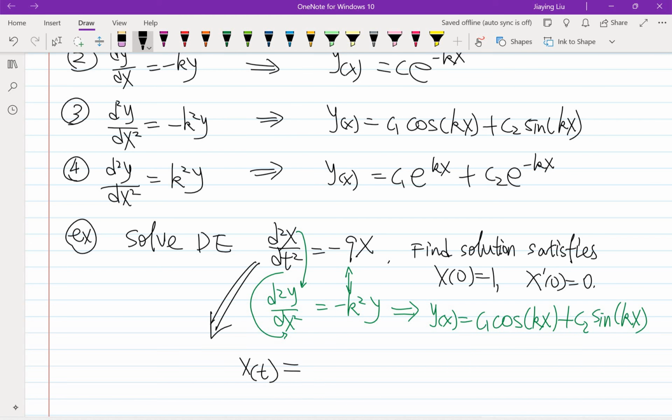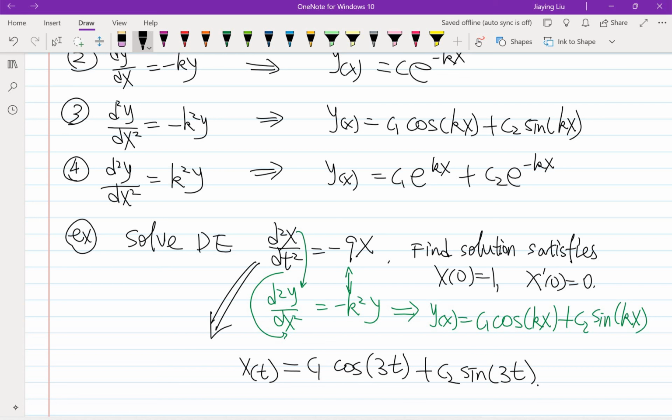And the C1 is just C1, cosine is cosine. K, we talked about k squared is 9, so k equals 3. Take k to be positive. And the x is t, and then C2 sine 3t. By following this answer, we can write down the actual answer for the given problem.